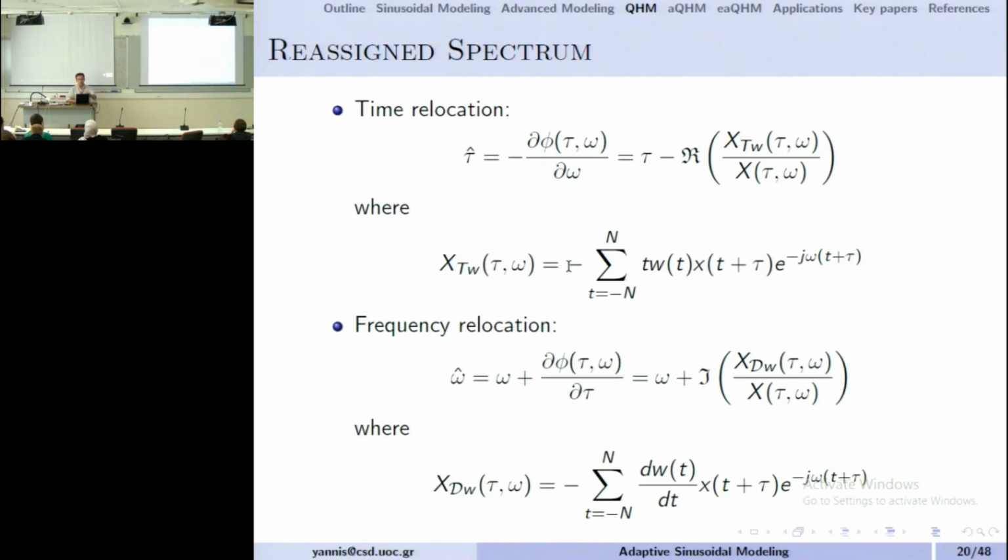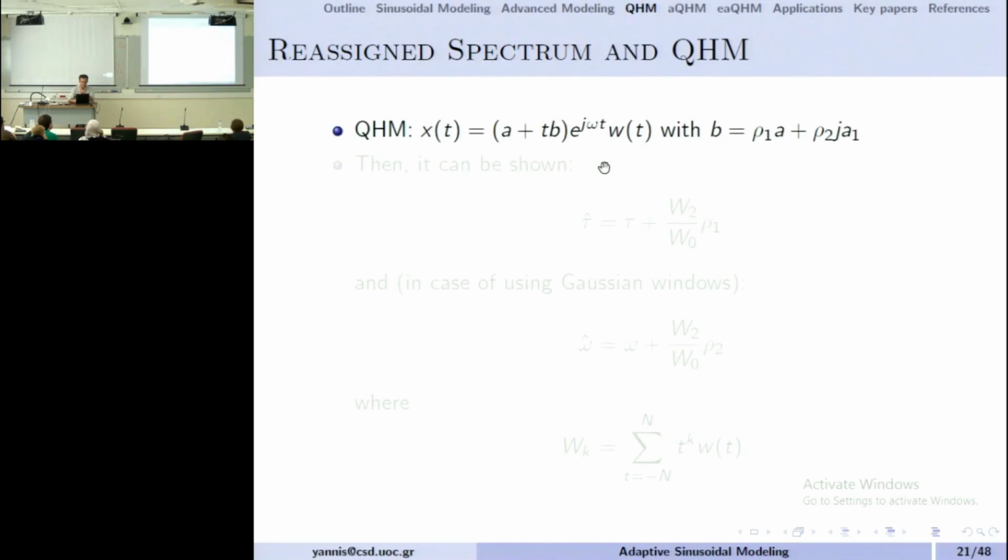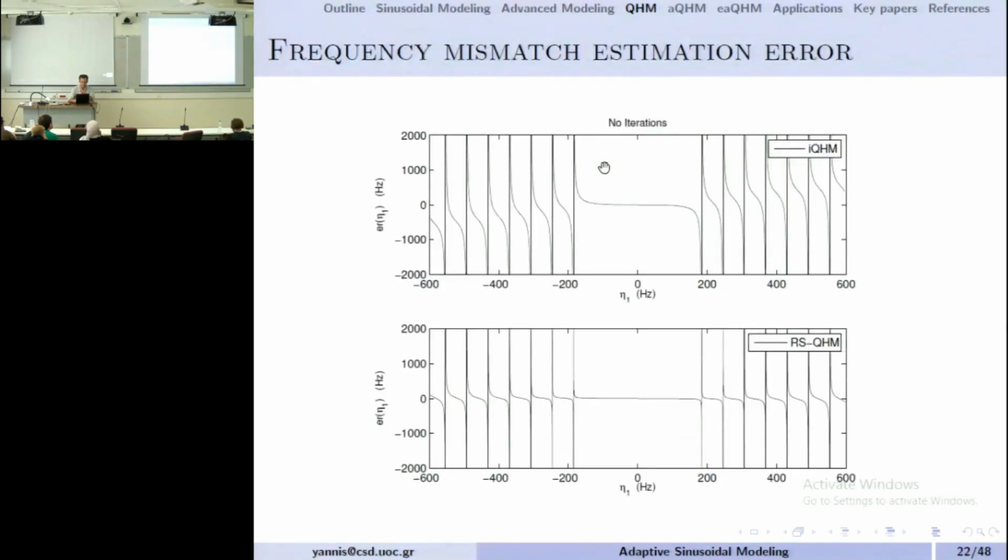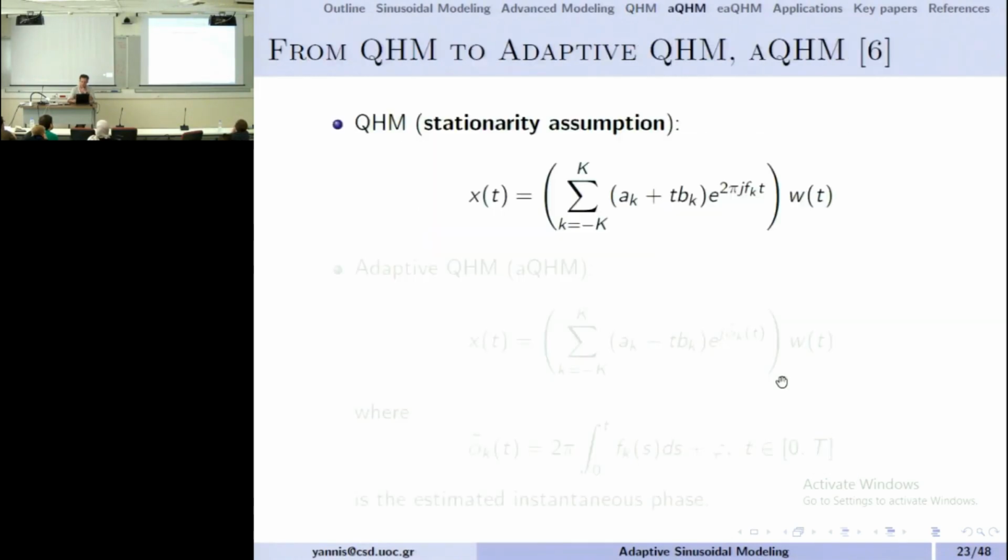And we can show that the quasi-harmonic model provides a mechanism to estimate this reassignment, that means to estimate displacement over time and over frequency. And these are the displacements that you do over frequency and over time. Mainly this shows the equivalence of the reassigned spectrogram and the quasi-harmonic model.